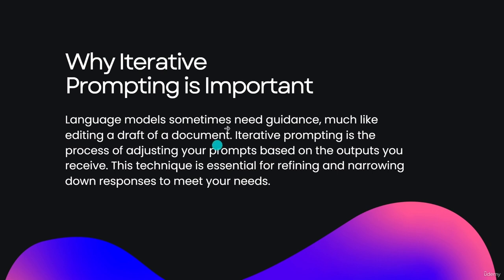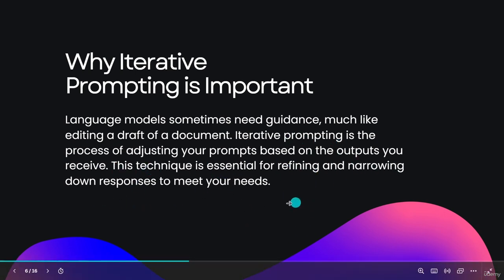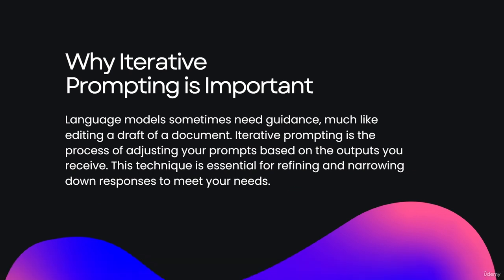Okay, iterative prompting is the process of adjusting your prompts based on the output you receive. First you write some prompt to the AI, that is an instruction, question or query. According to your prompt, the AI will generate a response. The output is analyzed by you.